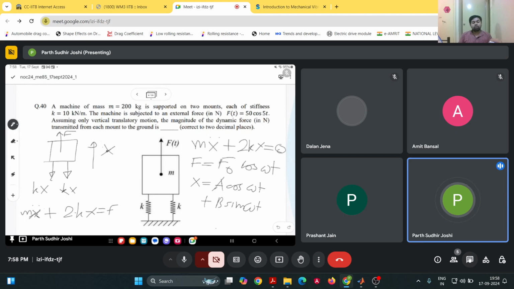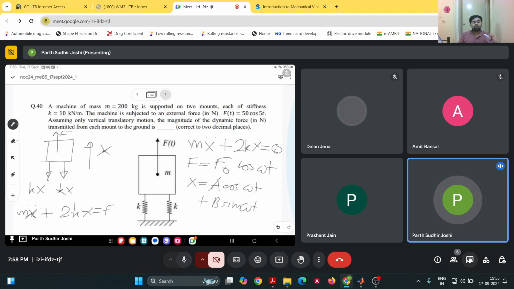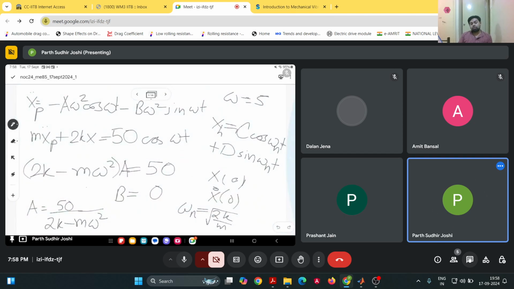Now, there are no initial conditions given here, so in this case we can assume them to be 0. Then we can assume that C and D will also be 0 because there is no initial condition or no initial motion.